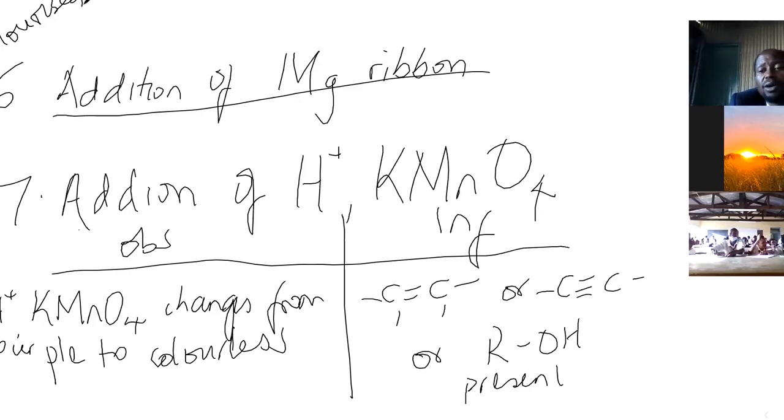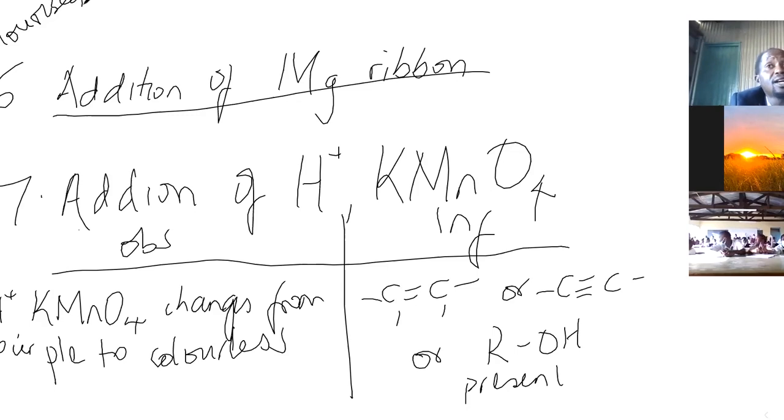When you are using potassium manganate 7 and it gives another color, notify the teacher or the lab technician to have it acidified and repeat the test. Because we reject those colors. It can form a brown color.